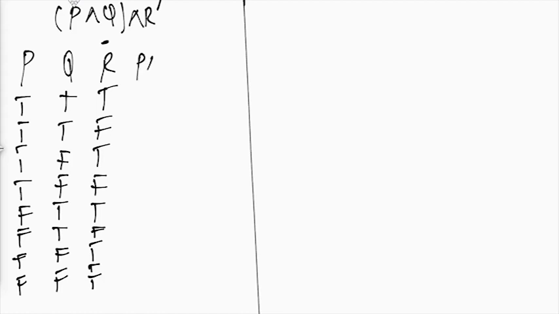P cap Q means P and Q. And of course, like we said earlier, when both statements are true, then you return true. I explained that earlier. You were told to get a smart student and fat at the same time, not just smart alone, and also fat.